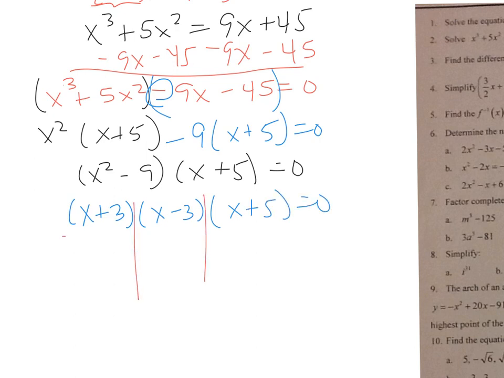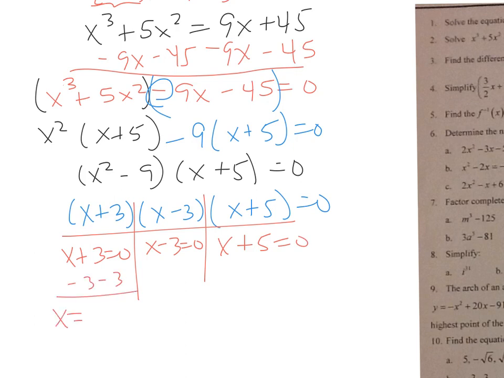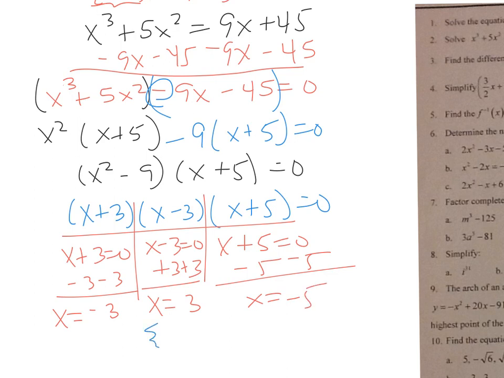T-chart, set them equal to 0, and then we'll solve. Minus 3, x equals negative 3. Plus 3, x equals 3. Minus 5, x equals negative 5. So those are my roots: negative 5, negative 3, and 3.